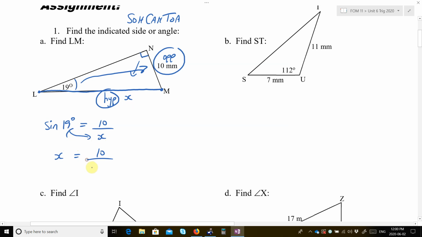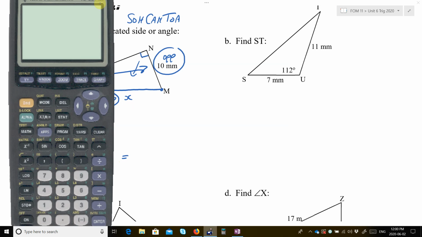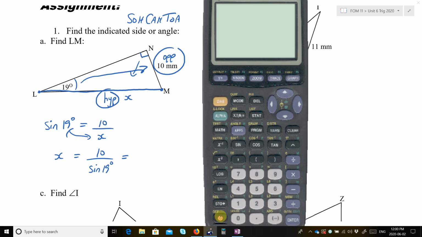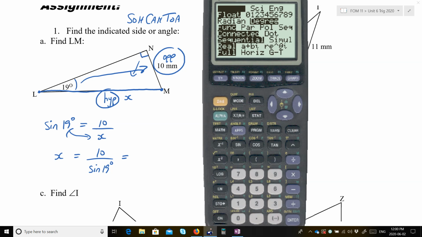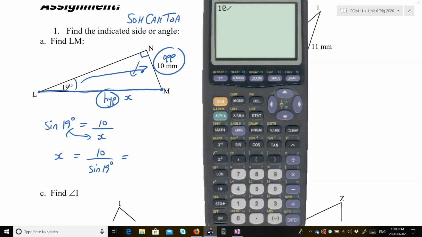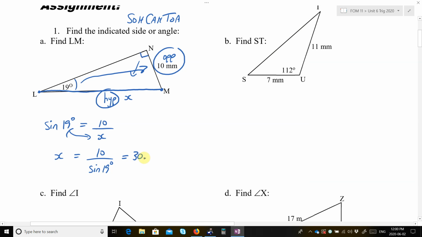So x is equal to 10 divided by sine 19 degrees. Since the angle is in degrees, make sure that your calculator is in degree mode. Mine is. So 10 divided by sine 19, and we get 30.7 to one decimal place. Notice that the 10 is in millimeters, so that is going to be millimeters. There's the answer to 1A, and you can see that's consistent with the answer key.